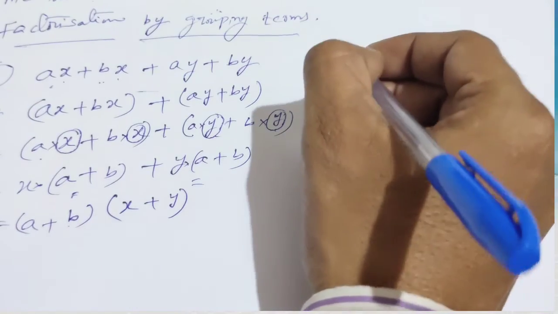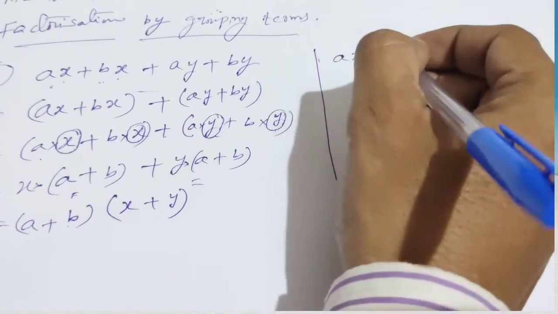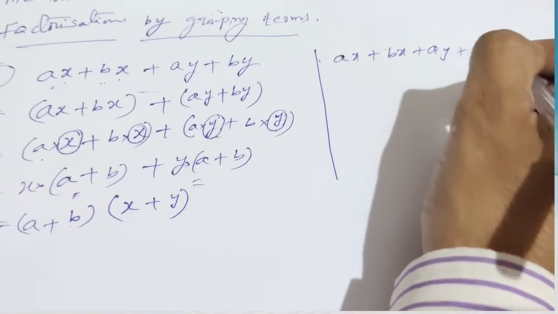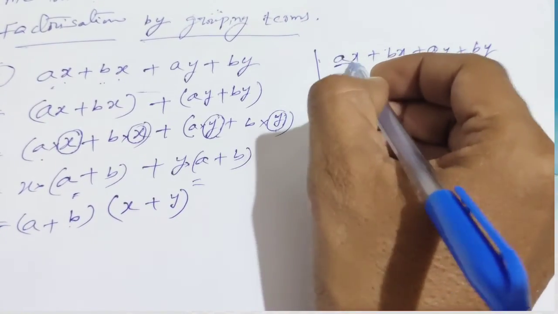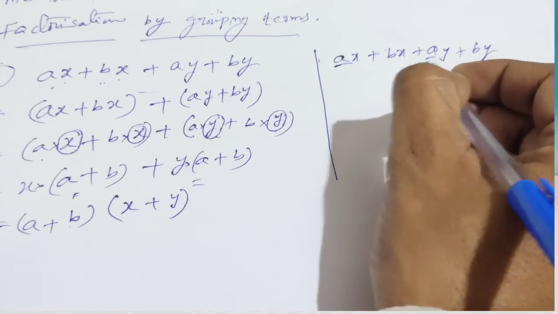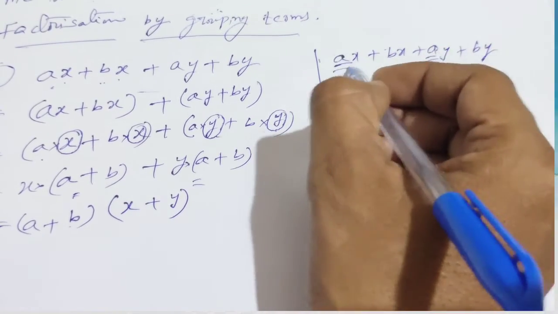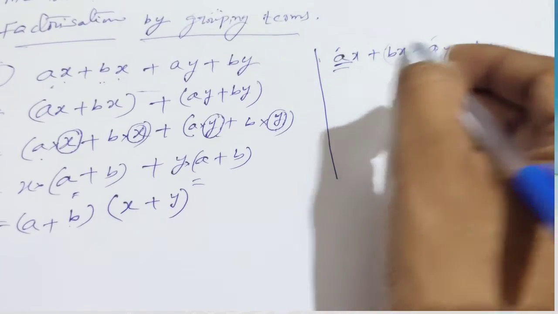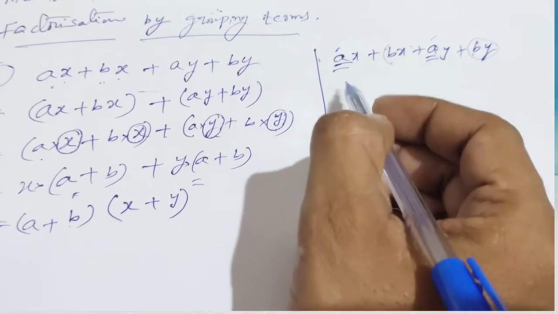Now, in another way, by observation, in ax and ay, in both of these terms we have a as a common term, and the other two terms as usual have b as a common term.